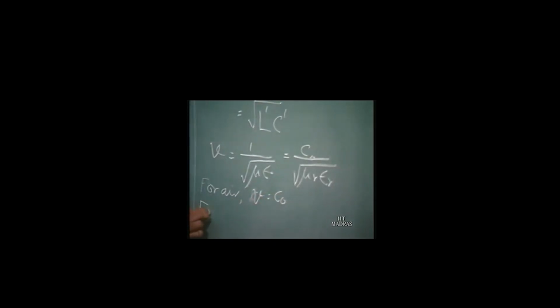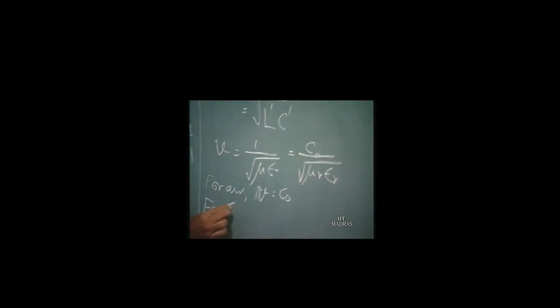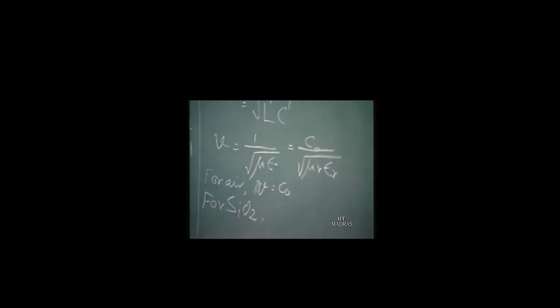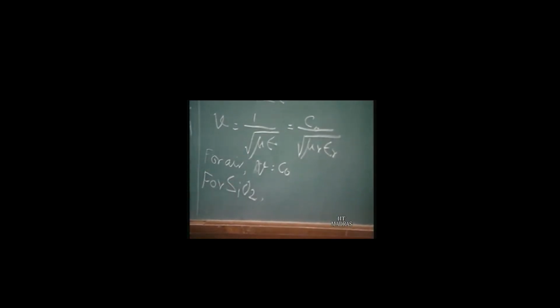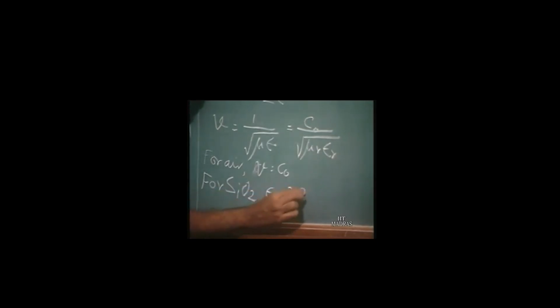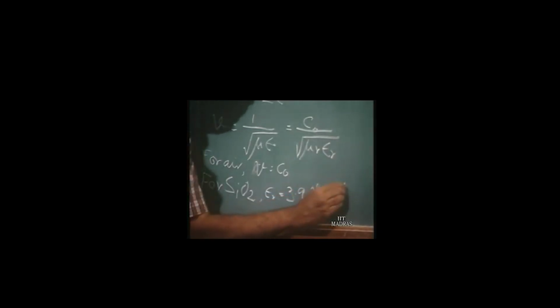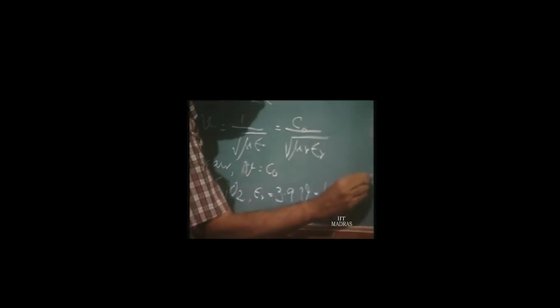Now, for silicon dioxide, the dielectric material used in silicon devices, over which the interconnect lines will run, we have epsilon r equal to 3.9. This gives us a velocity of 1.52 into 10 to the power 10 centimeter per second.